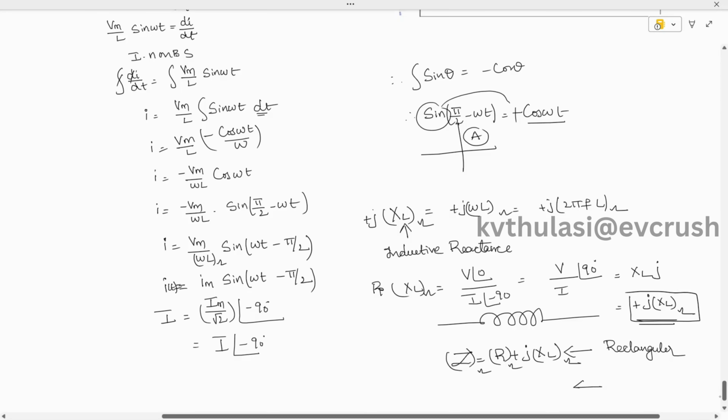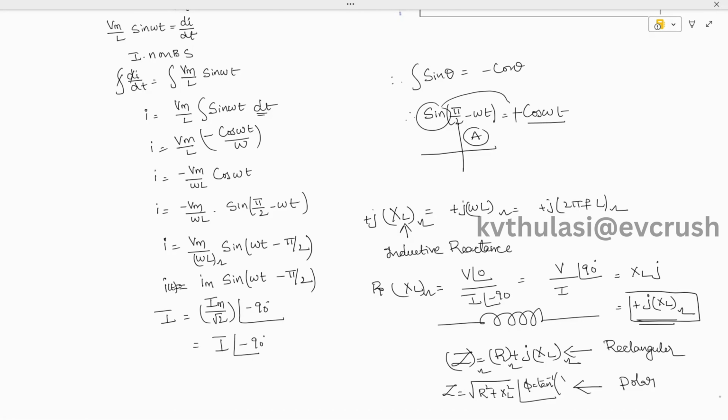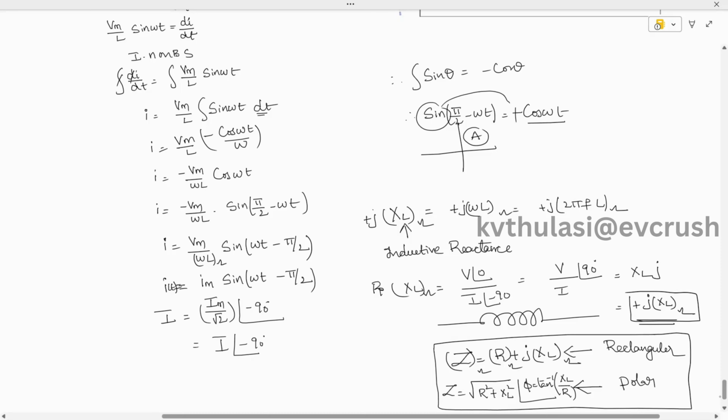If you want to write the impedance in polar form, Z is equal to root of R square plus XL whole square, and theta is equal to tan inverse of the imaginary part XL divided by R. So these are very simple ways of writing the impedance offered by an inductor.